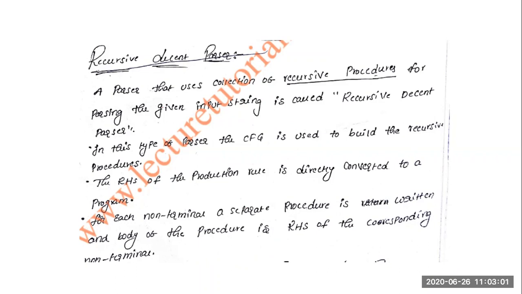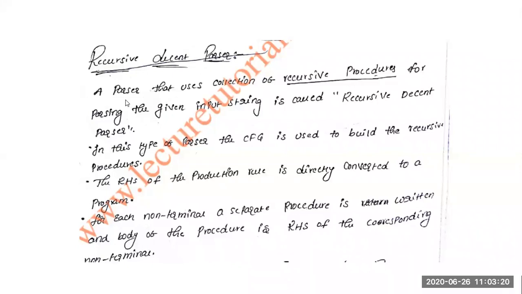What is a recursive function or recursive procedure? A function that may call itself is called a recursive function. For every non-terminal in the grammar, we construct a recursive function.